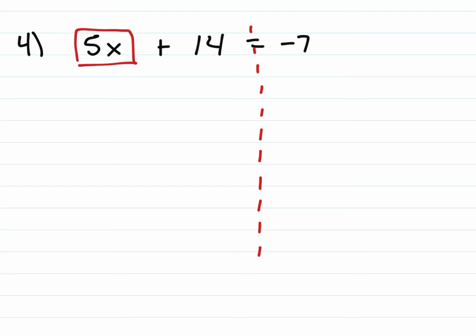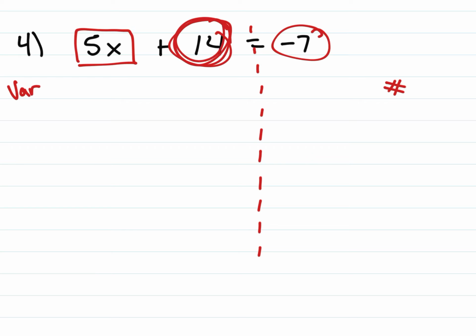Here I have a variable, number, and number. Since I already have my variable over here, I'm going to move all of my numbers to this side. So to do that, I need to move this number piece over here.